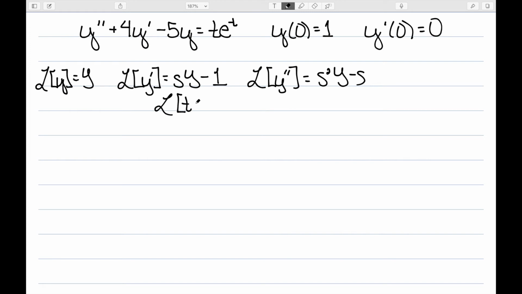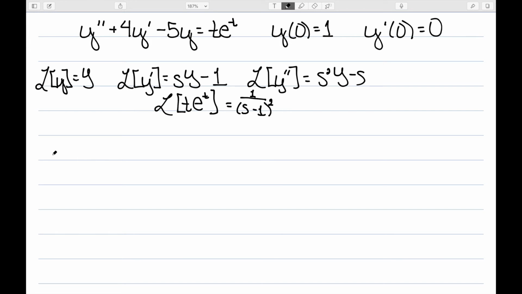In addition, I need to transform t e to the t. And according to my table, this is 1 over s minus 1 squared.